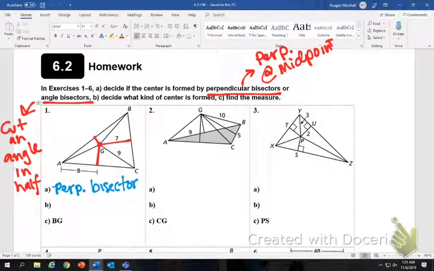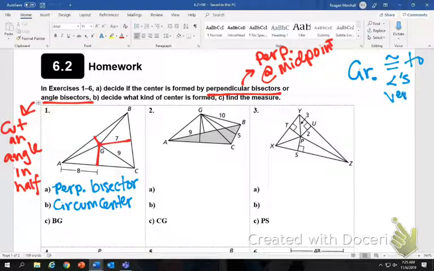Because it is a perpendicular bisector, a circumcenter is formed. When you have a circumcenter, I'll just write CIR as my abbreviation, the distance is equidistant to the angle vertices.